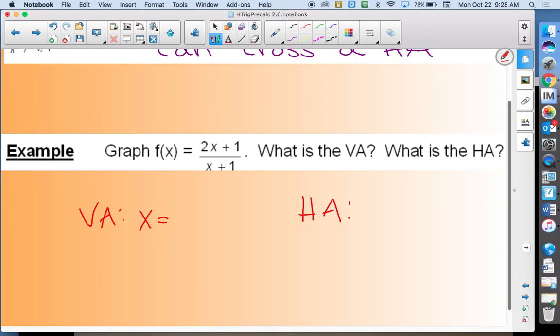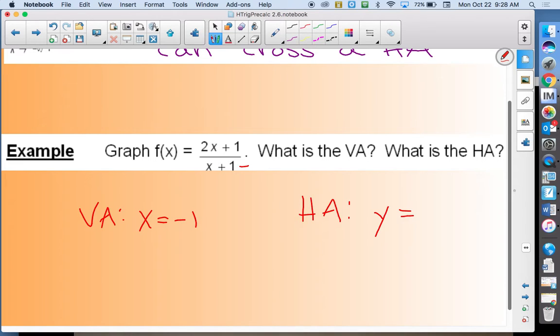So vertical is the x equals, horizontal is the y equals. Your vertical asymptote we know how to find by setting the denominator equal to 0. The horizontal one, see if you can use your table of values, just look to see what number the graph is approaching.